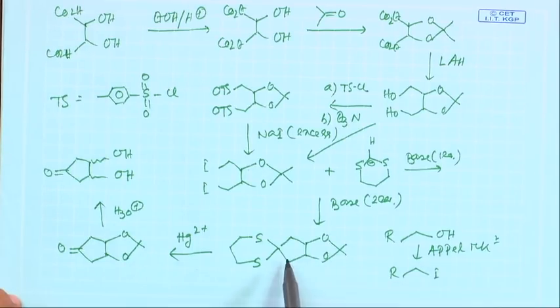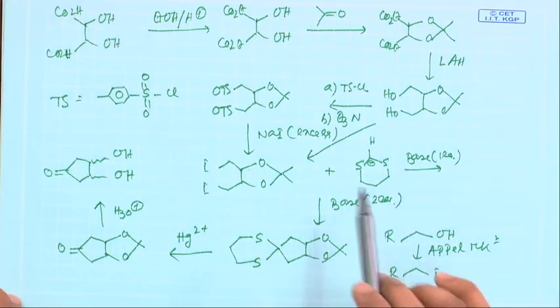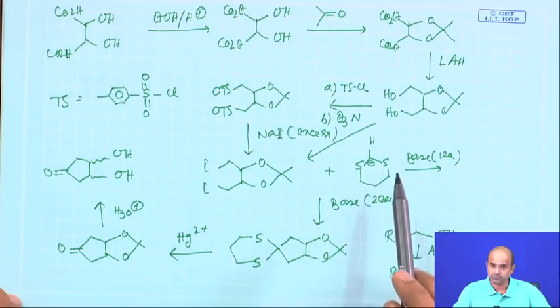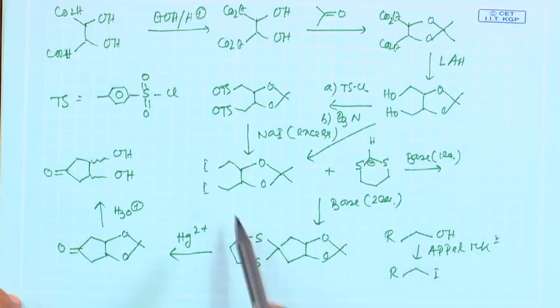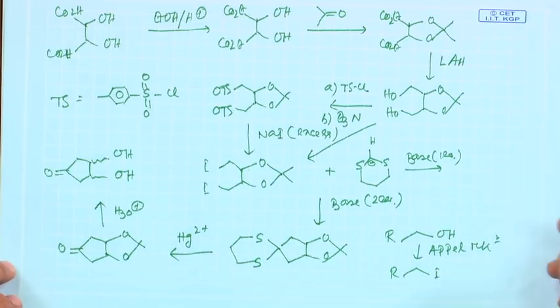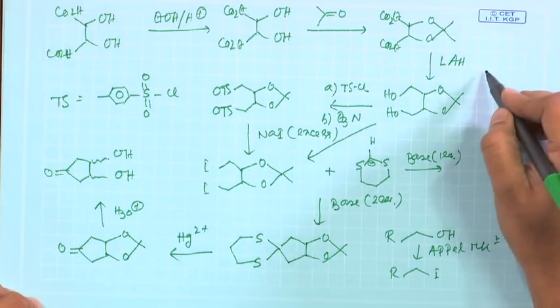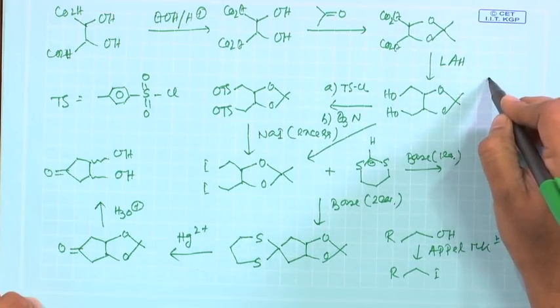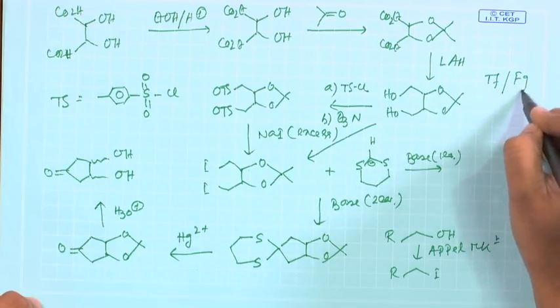And once you make this diiodo, you react with this 1,3-dithiane of formaldehyde stepwise, that is, 2 hydrogens need to be abstracted, you generate the doubly charged species and react with this double electrophile to get the final product, and then basically you need to remove this thiol protecting group. Now, eventually this is a nice demonstration of the transformation based approach as well as the functional group based approach.